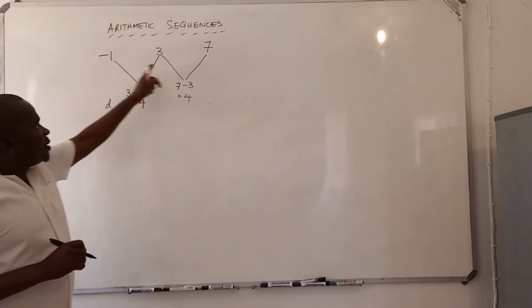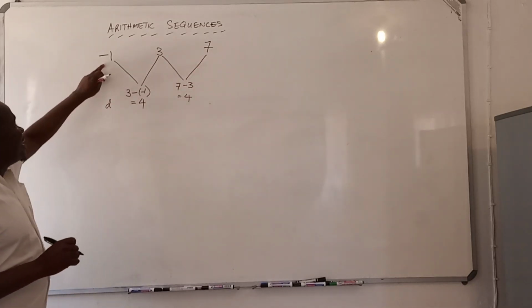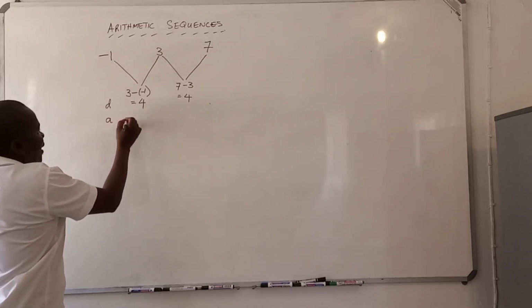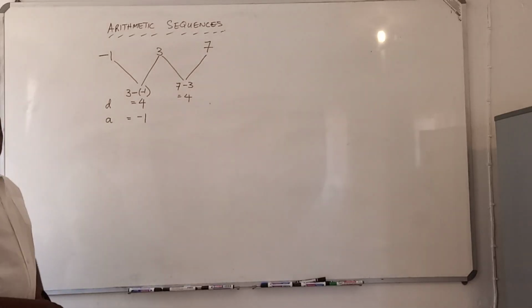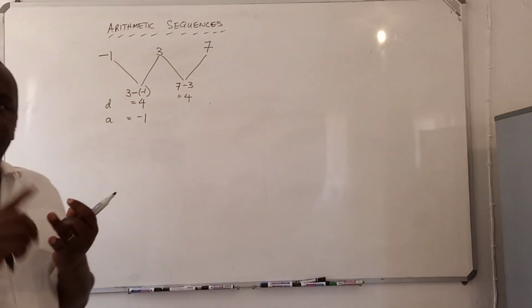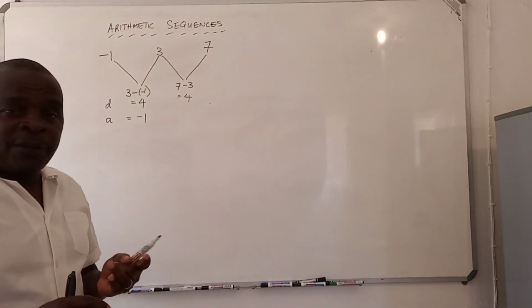And then from these numbers here, what is the first one? The first one is negative 1. So this one is our A. A is equal to negative 1. We've identified A. We've calculated D, which is equal to 4.